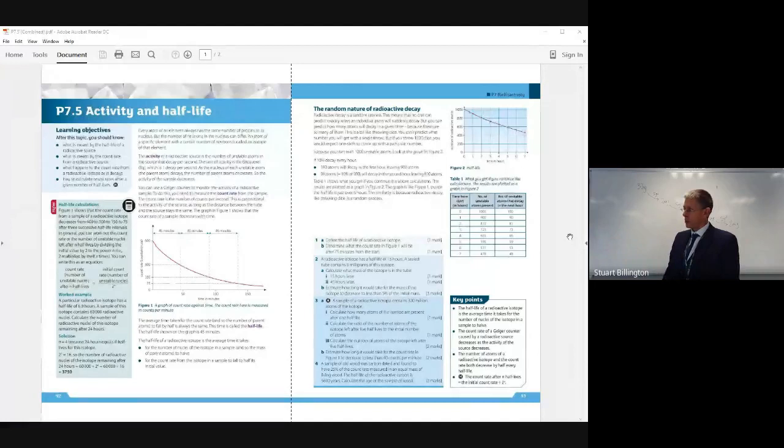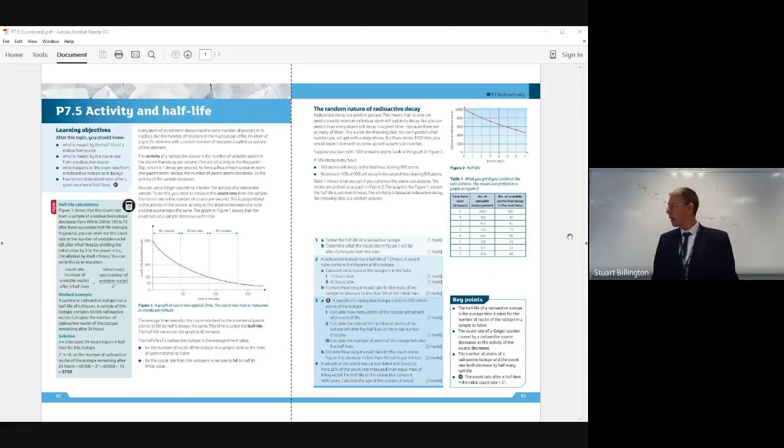I wouldn't expect you to be able to read that the way it is, but I've put that PDF onto Google Classroom so that you can download it yourself and open it and zoom into it yourself. What I would suggest you do is read through the text and the notes and the key points, and then if you want to make any notes in your book, you can do that.